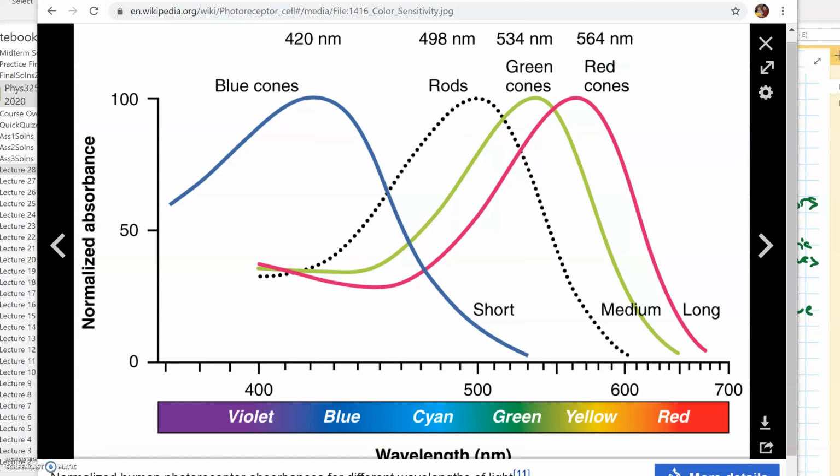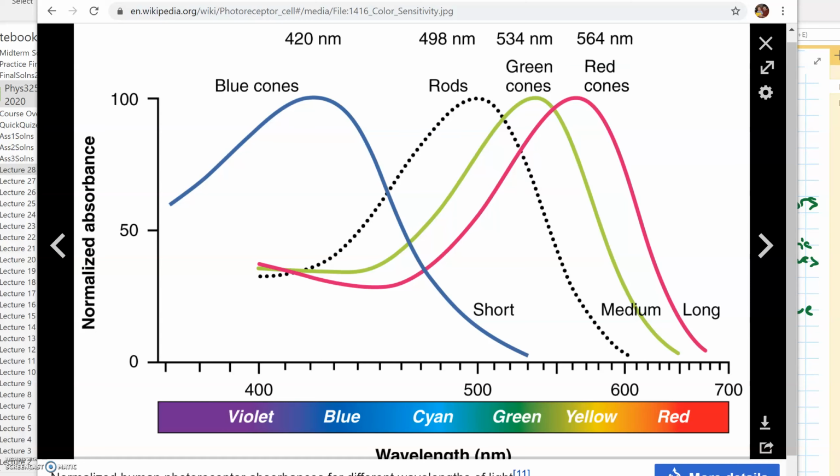Basically the relative weightings, along with a lot of pre-processing, is giving us this sensation of color. So look around the room, and you see this vast array of different colors. That's due to the different weighting of these different rods and cones.